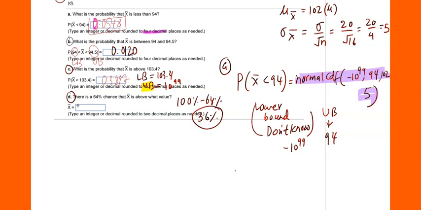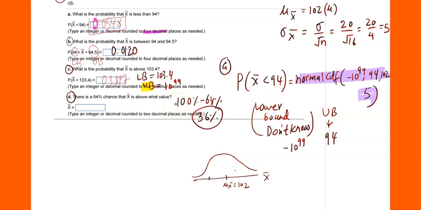Okay, let me make a graph for this situation, okay? This is the x bar, and this is the mu x bar, which is the same as 102, correct? And now this is the standard normal curve. And I'm looking for the x bar value here, where the area on the right is 0.64.